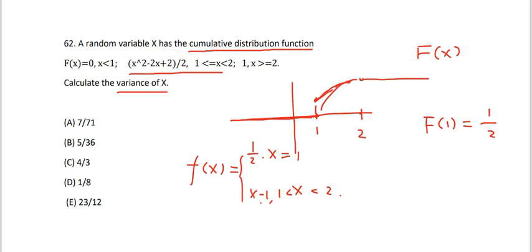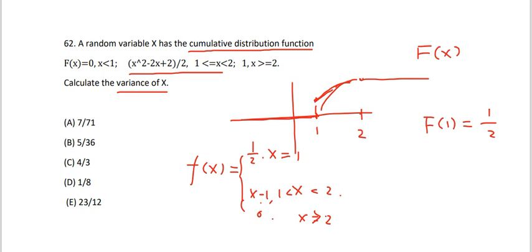When x is larger than 2, the density function equals 0. How about x equal to 2? We will check whether there is a jump.